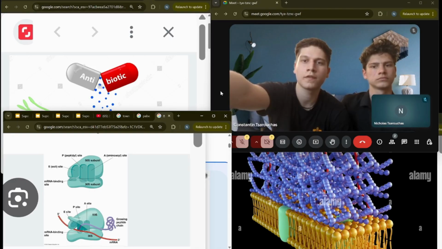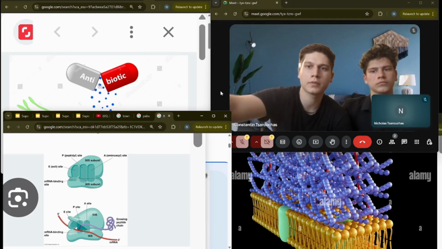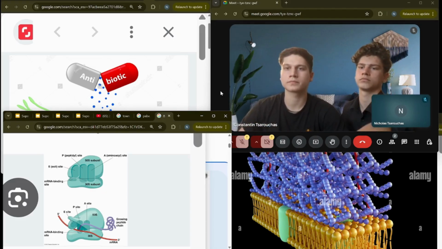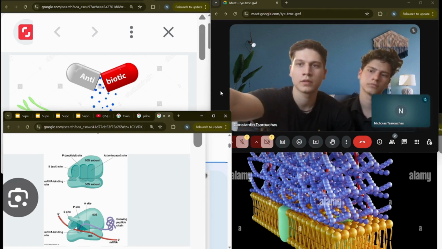Or you could give things like doxycycline, which is from your tetracyclines, for example, in a nice combination therapy there. Wait, let me look at the case again.